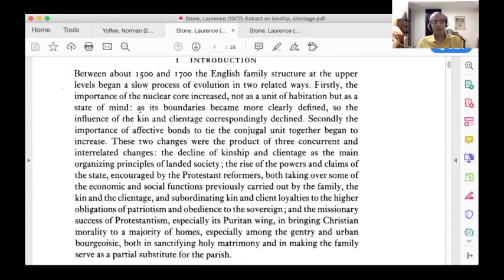So those changes, along with changes in the organization of the state itself, become very important in shifting things happening at a much smaller scale, at the scale of the family.